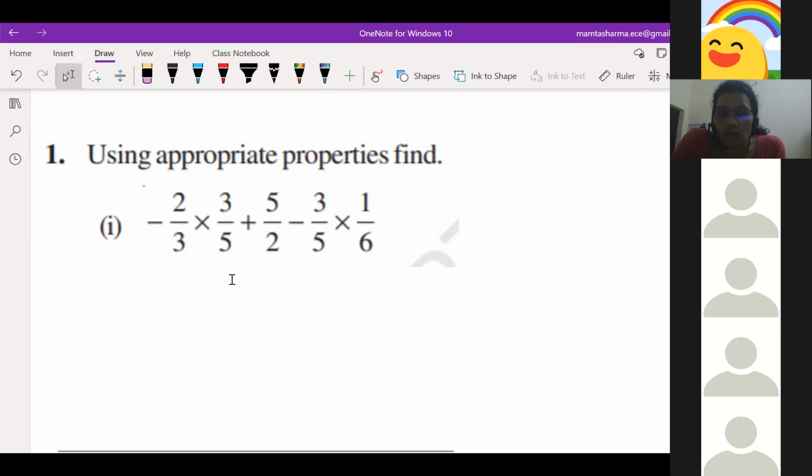So how will you solve it? Use the commutative property and solve. Find out the result.